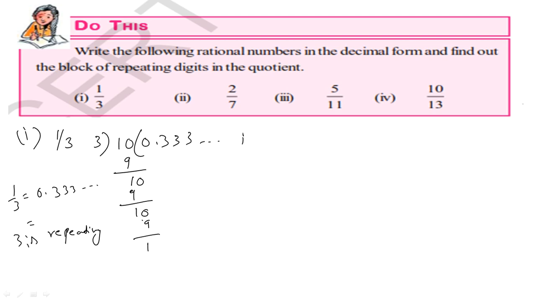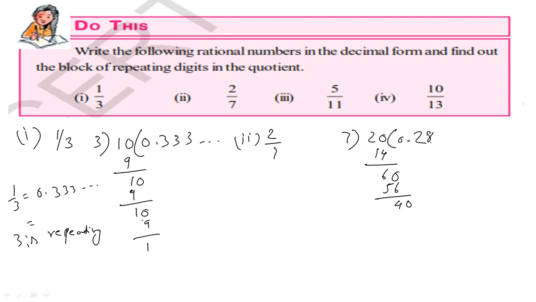Next, coming to the second one, 2 by 7. So I'll do the division. 7 2s are 14. 20 minus 14 is 6. 0. So it is a bigger decimal. 7 7s are 49, 7 8s are 56. You'll get 4, 0.